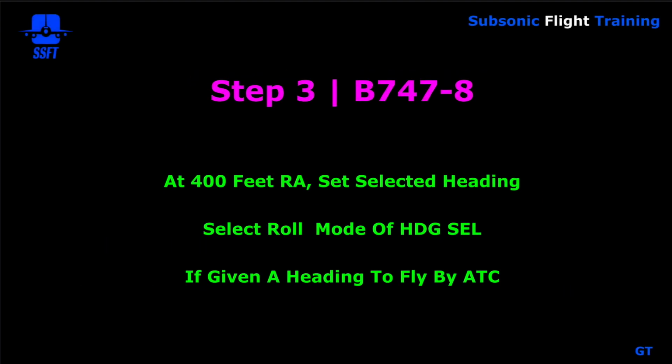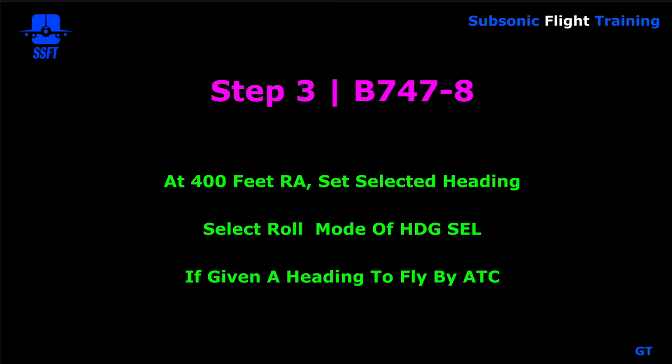Step 3 in the 747-8 is a little bit different because you have an automatic feature that you don't have on the 747-400. At 400 feet, if we're going to fly runway heading, then we still want to go to heading select. And that's if we were given a heading to fly by ATC.